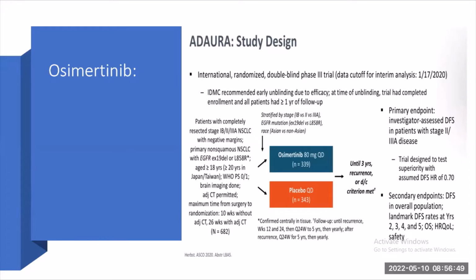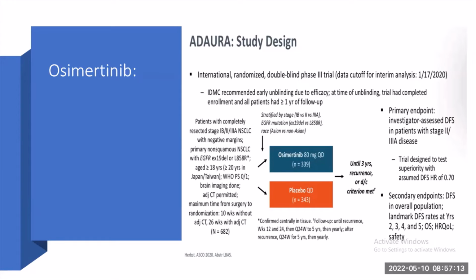The maximum time from surgery to randomization was 10 weeks without adjuvant chemotherapy, 26 weeks with adjuvant chemotherapy. These patients were randomized 1:1 to osimertinib 80 milligram for 3 years, or until recurrence or discontinuation, versus placebo.